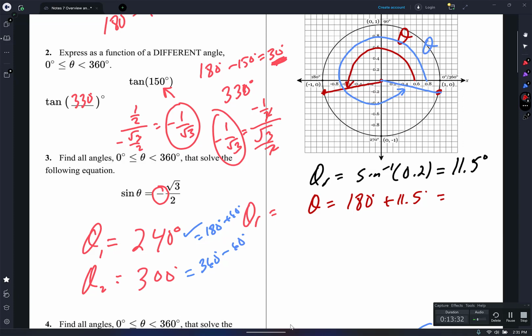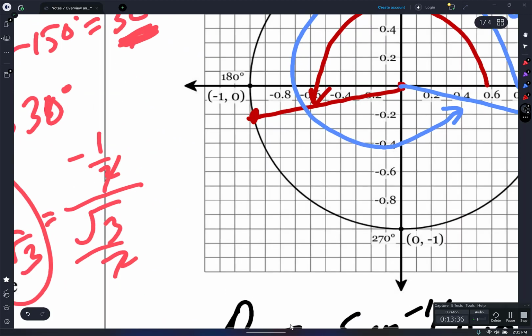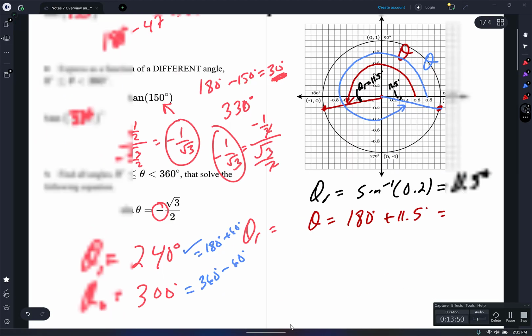Look, it's a graph in red. I already told you that the reference is 11.5. This little guy right here is 11.5 degrees, guys. So you do 180 plus that. This little guy here is also 11.5 degrees. So to get the other one, it's in quadrant 4.